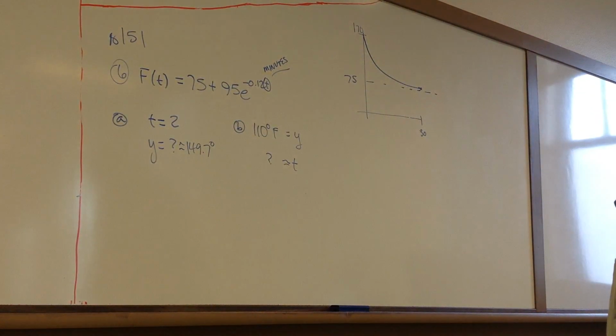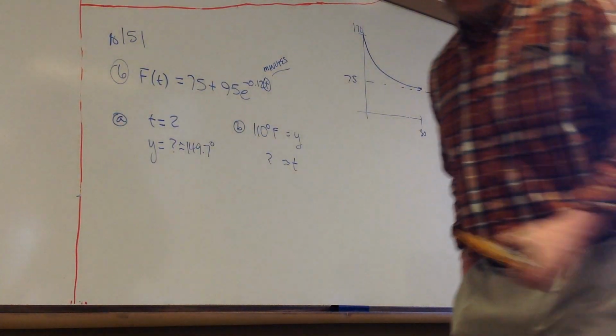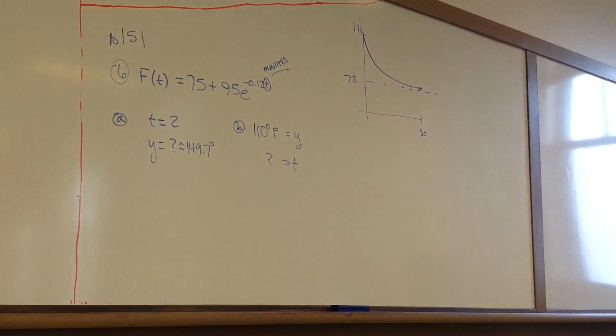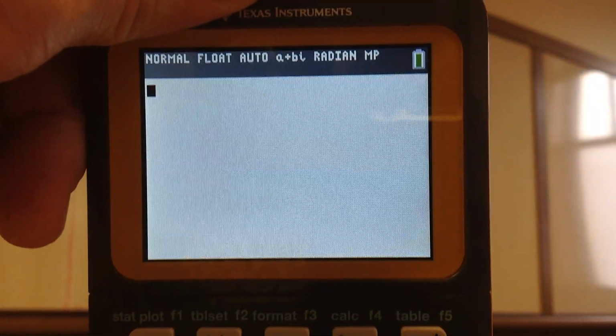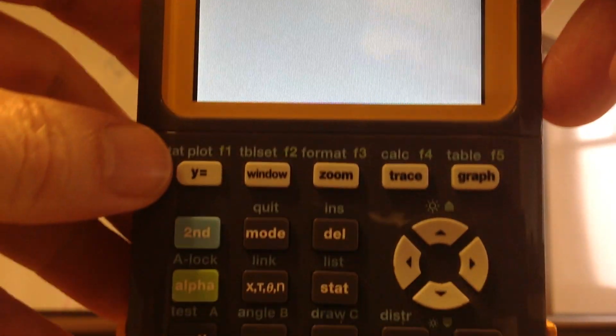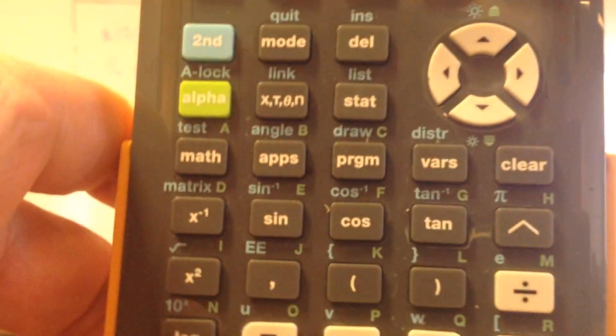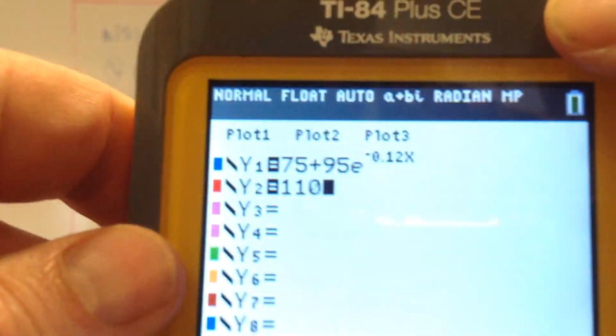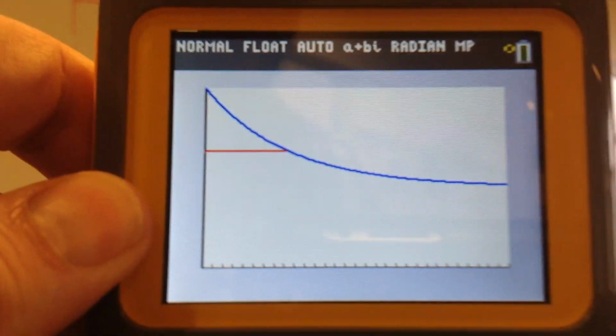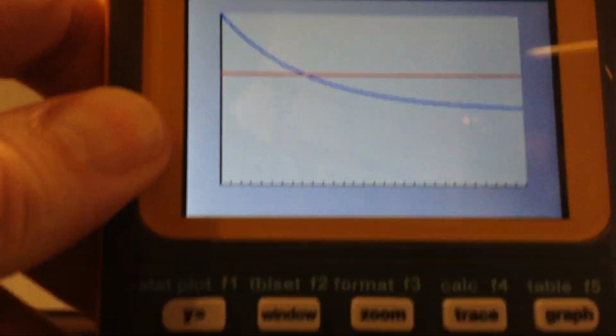And then when does it cool off to 110? So remember, this is the one where we have to graph that line, y equals 110. There we go. And so we hit the Y equals key, go down to Y2, and just graph this horizontal line at y equals 110 degrees.